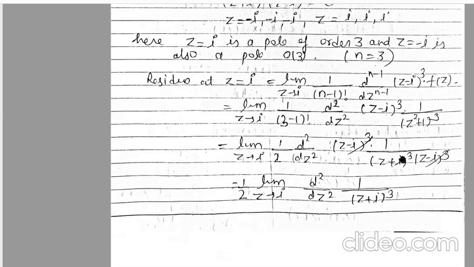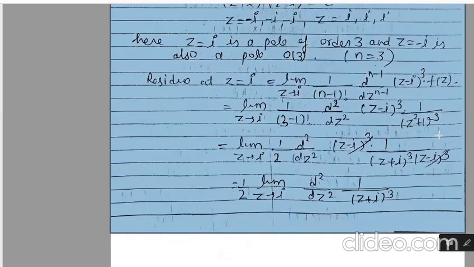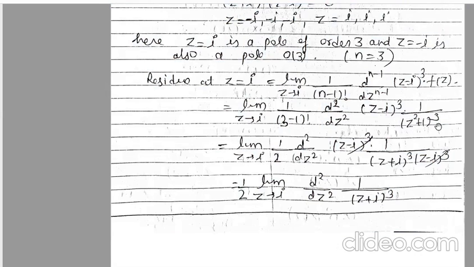You can write (z square plus 1) whole cube as (z plus i) whole cube into (z minus i) whole cube. As I told you, you can factor z square plus 1 as (z plus i)(z minus i). So (z minus i) whole cube cancels out, and you have only 1 upon (z plus i) whole cube.